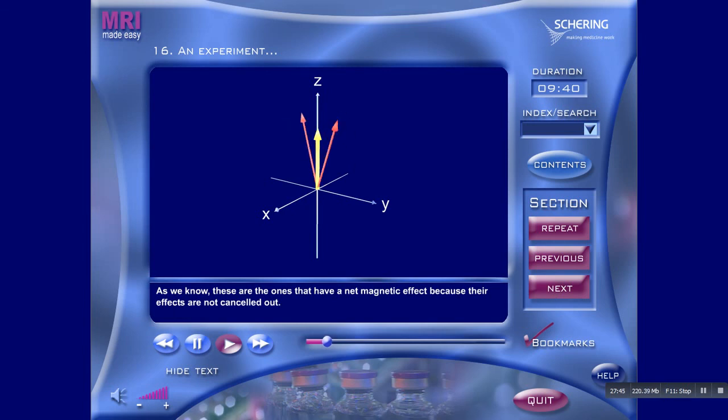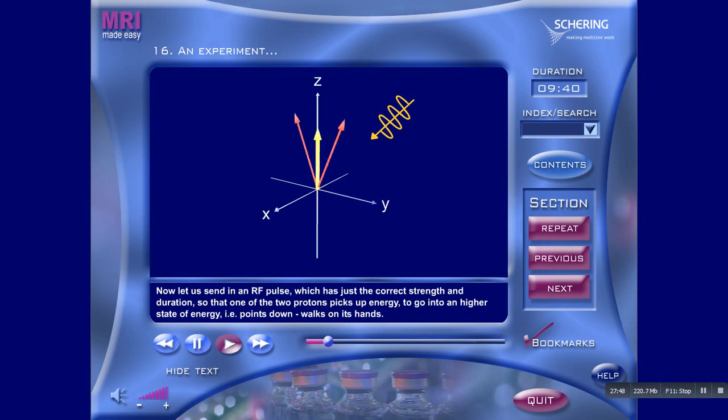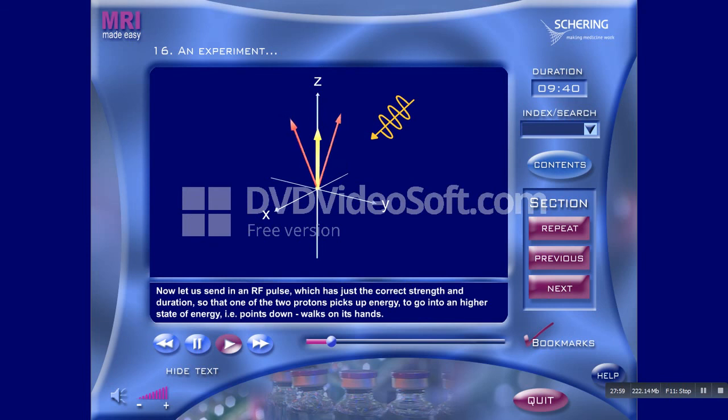Now let us send in an RF pulse, which has just the correct strength and duration, so that one of the 2 protons picks up energy to go into a higher state of energy. In other words, points down, walks on its hands. What will happen?